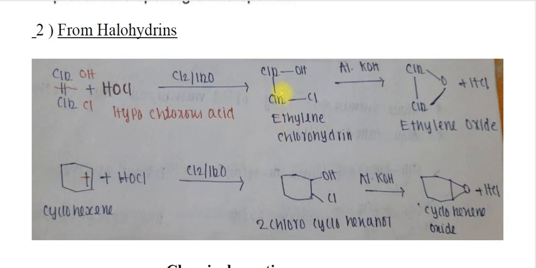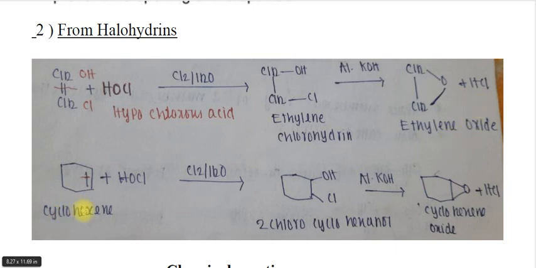The OH is attached to one carbon and the Cl is attached to the other carbon, that is CH2OH CH2Cl, the ethylene chlorohydrin. And if treated with alcoholic KOH, this ethylene chlorohydrin is converted into an epoxide, that is ethylene oxide, and HCl is a product.